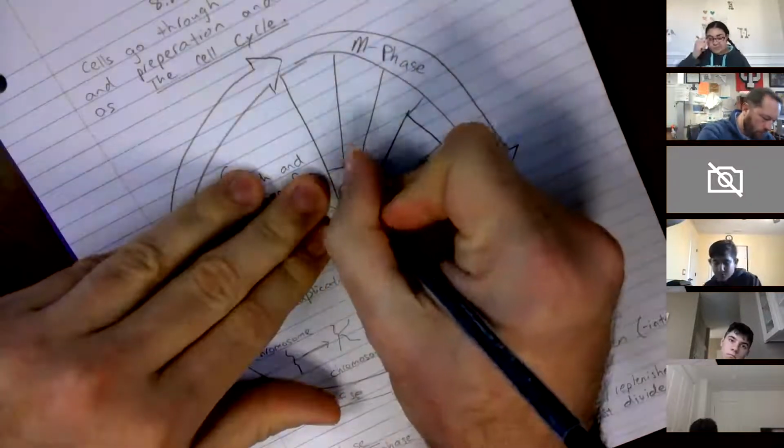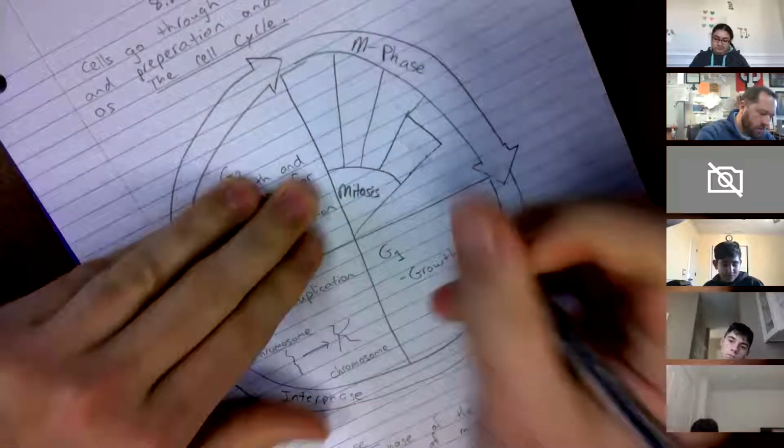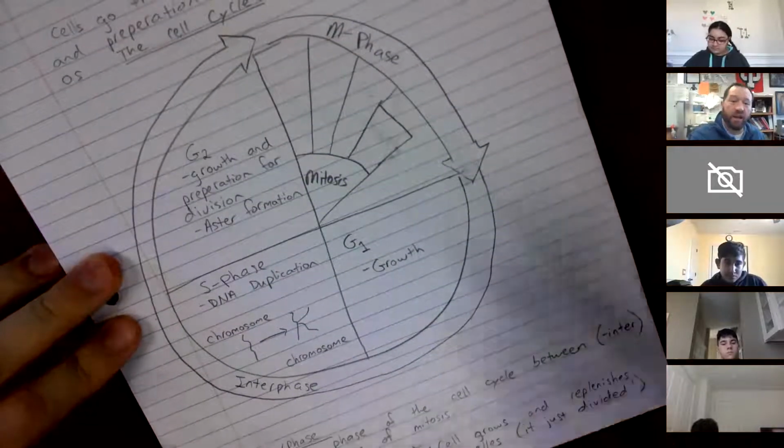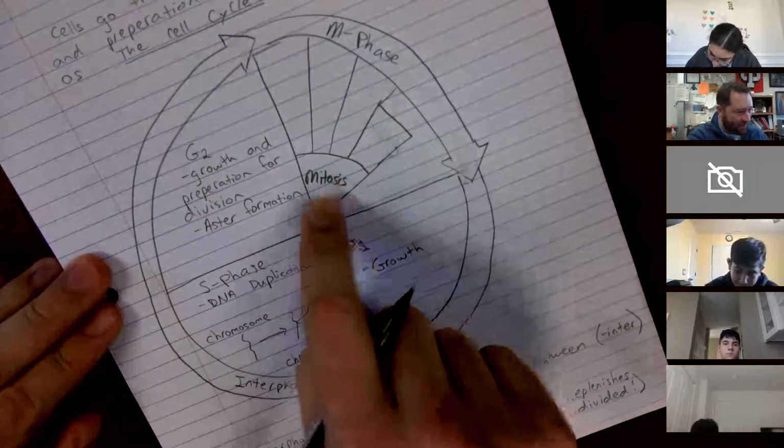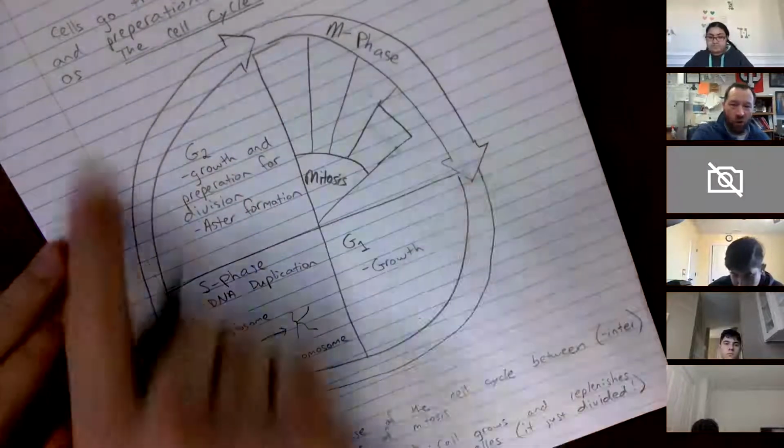So we flip back. This part right here is mitosis. Again, the entire cell cycle is definitely not mitosis. Mitosis is just one little part of the whole cell cycle.